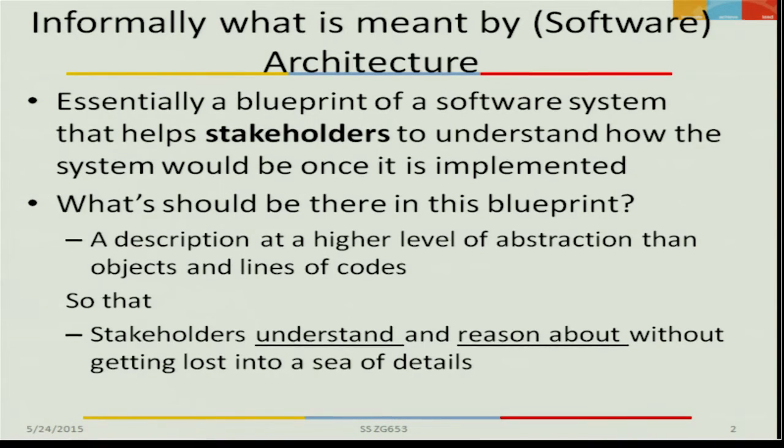It is at a higher level so that it is simple to understand, and the stakeholders can reason about the system, very importantly, without getting lost in a sea of details, because then the whole purpose is defeated. So it has to be simple at a higher level of abstraction, but should have enough content so that stakeholders can understand and reason about it.